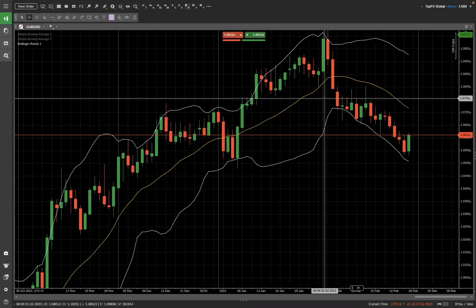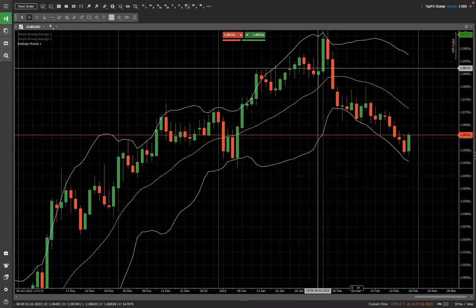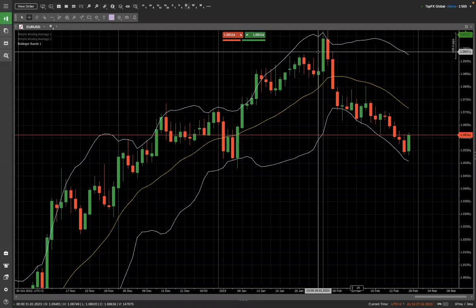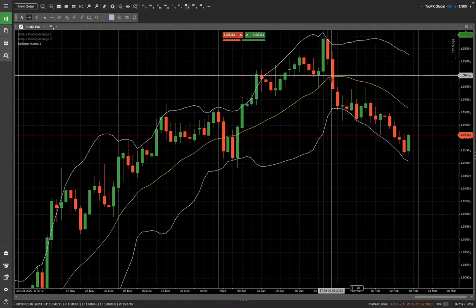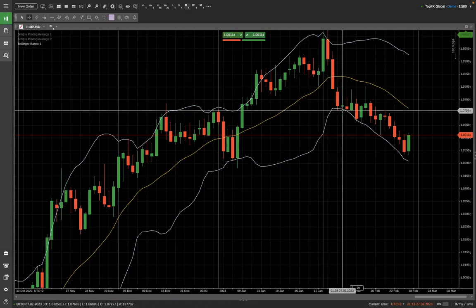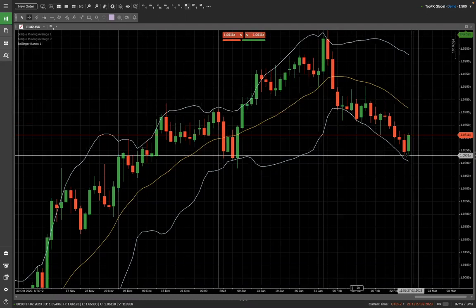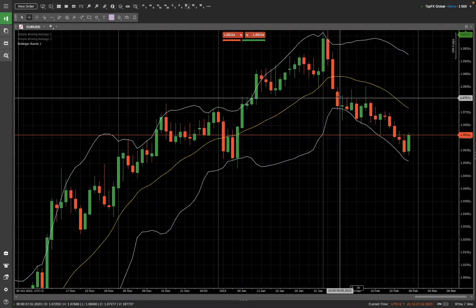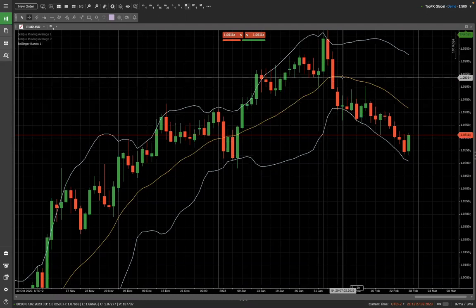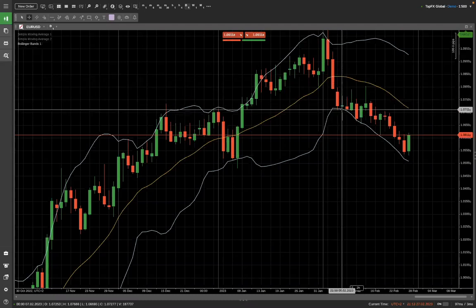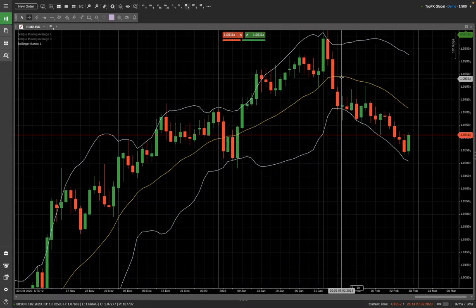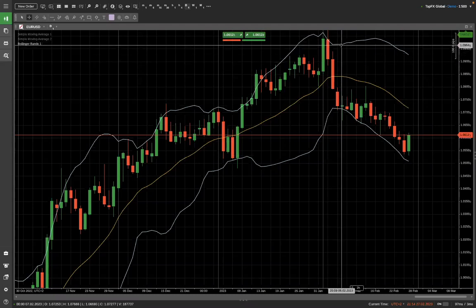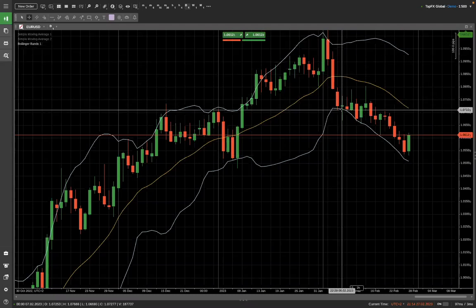Basically, the way to trade the Bollinger Band is to enter or exit when the price is touching the upper band, the middle band, or the lower band. So right now, as you can see, the newest data are showing us that the market is moving between the middle and the lower Bollinger Band. So that's the middle, that's the one standard deviation, okay? That's the middle, that's the other standard deviation.